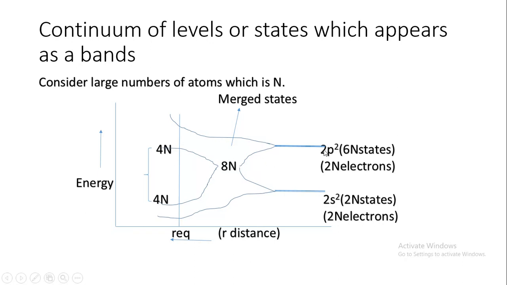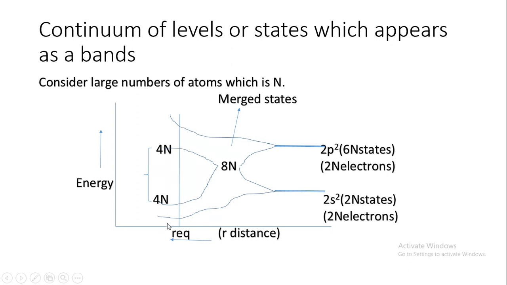Initially we started with 2n electrons, 2n states, 6n states, 2n electrons. In total we have 4n electrons and 8n states. All 4n electrons are sitting in this band, and this band is completely empty.